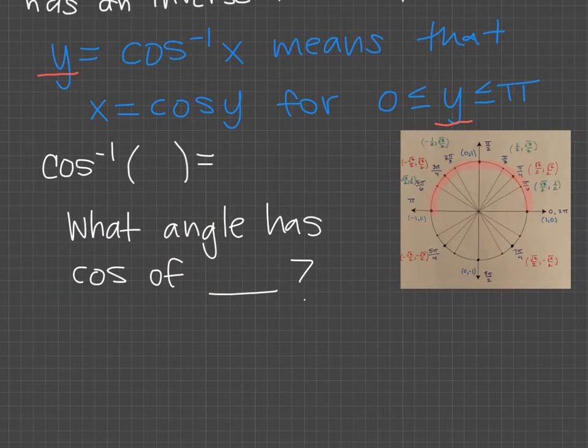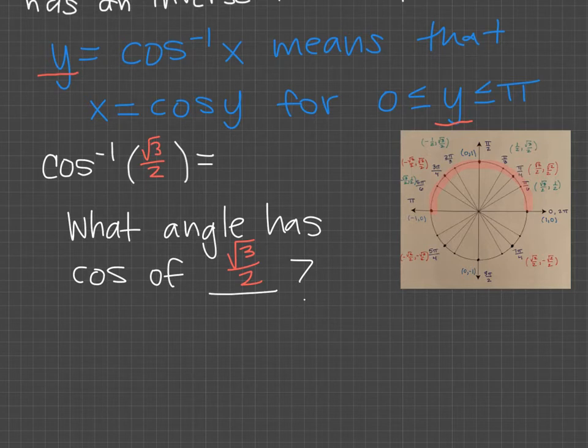Okay, let's look at another one. Let's look at cosine inverse of square root 3 over 2. So we're just limiting our angles to 0 to pi, and what we're looking for is the angle that has the cosine of square root 3 over 2. So in the unit circle, that's going to be the angle that has a cosine value or an x value in its associated point equal to square root 3 over 2.